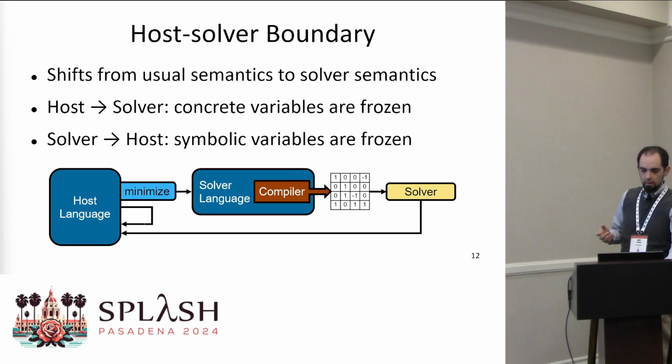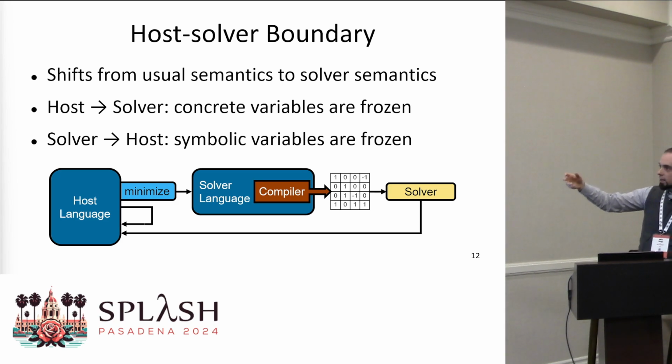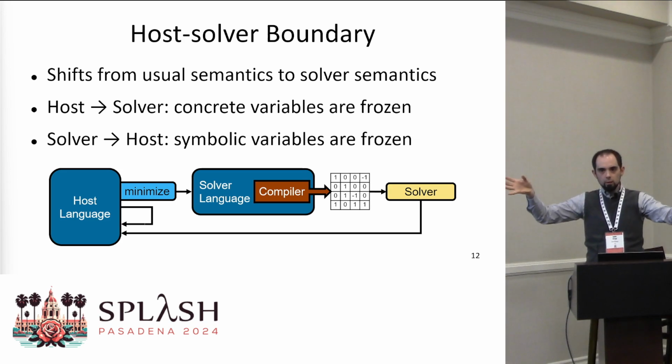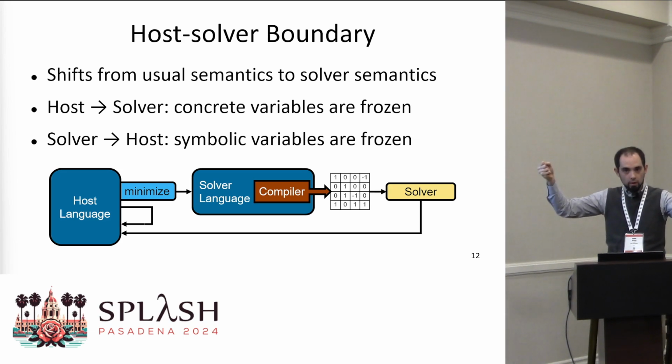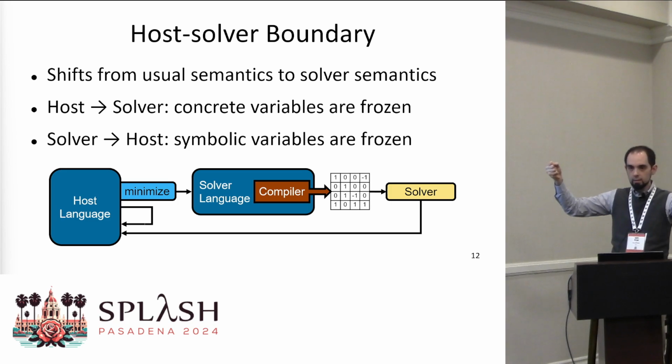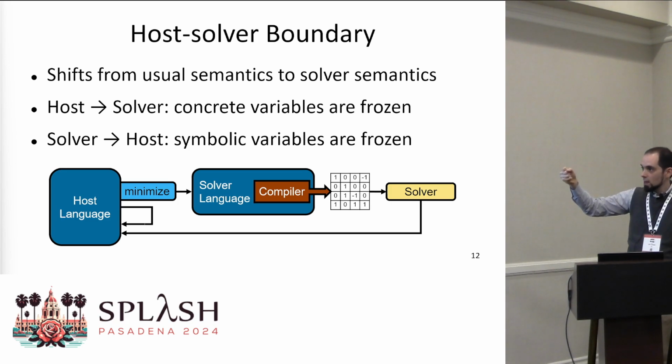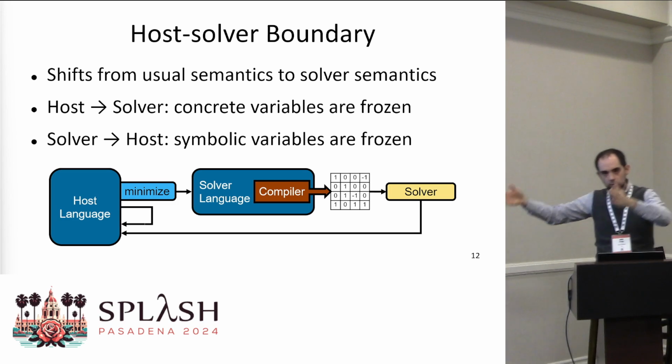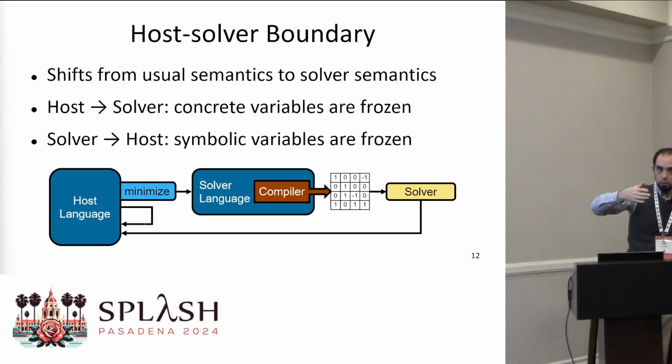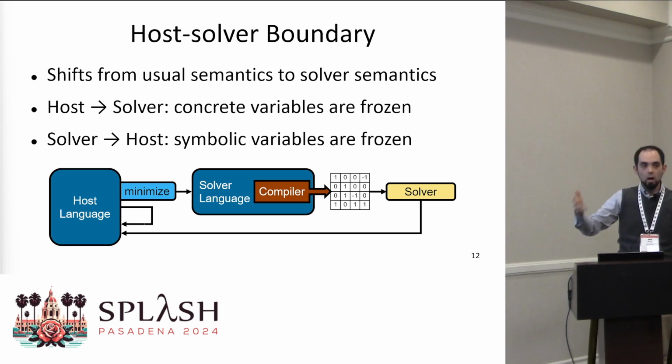When the host language transitions to the solver language, the concrete variables within the host language are frozen, right, so you can't compute with them anymore inside of the minimize block. And then when you leave the solver and go back into the host language, the symbolic solver variables are marshaled back out and frozen in the host language, right? So they don't continue to remain symbolic.